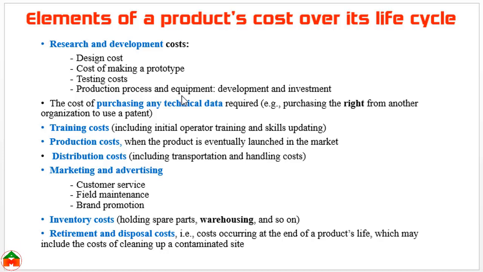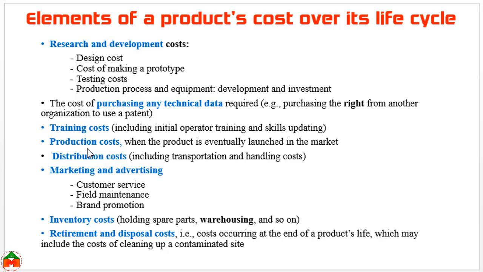I mean, we need to purchase the equipment for producing the product. Then we need to purchase any technical data that is required for the production process. I mean, we may need to purchase the right from another organization to use the patent. The training cost include initial operator training and skills updating.